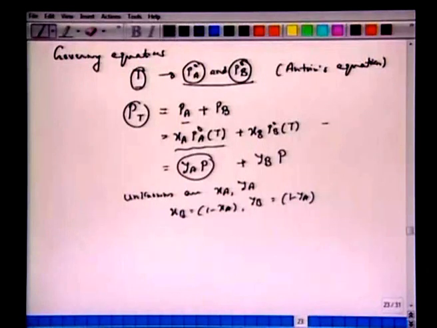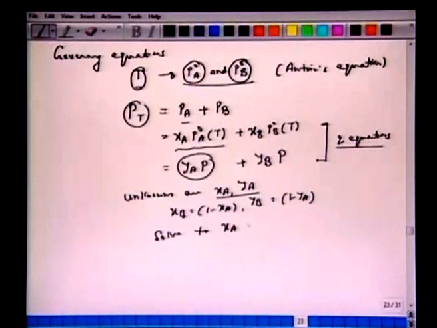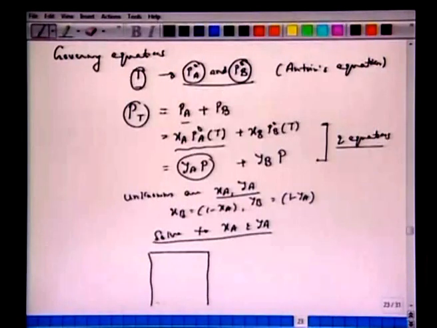So we have two equations, these are the two equations we have, and we have two unknowns to solve for, XA and YA. So one can solve for XA and YA at different temperatures to obtain this Txy diagram.